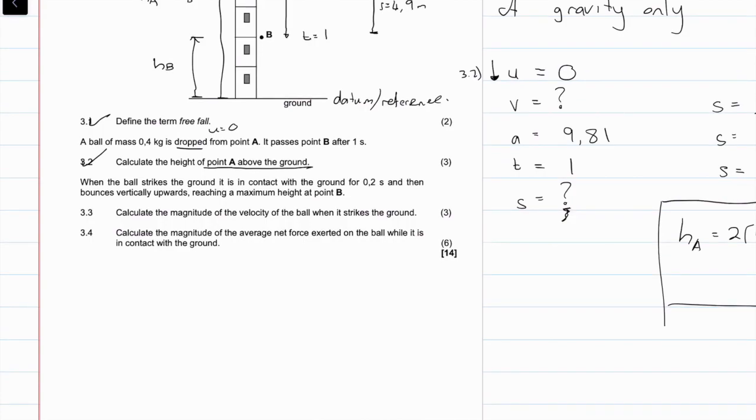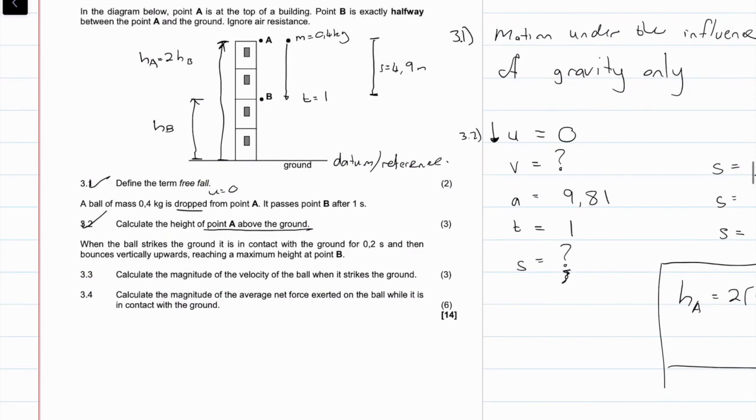Then it says, when the ball strikes the ground, it is in contact with the ground for 0.2 seconds, and then bounces vertically upwards, reaching a maximum height at point B. I'm going to erase what we have calculated for now.